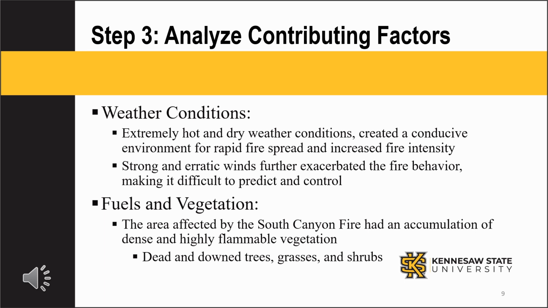The next factor is fuels and vegetation. The South Canyon Fire area had a lot of dense and easily flammable vegetation like dead trees, grass and shrubs. The problem was worsened by the absence of prior controlled burns or efforts to reduce fuel, which led to the fire becoming more intense and hard to control.